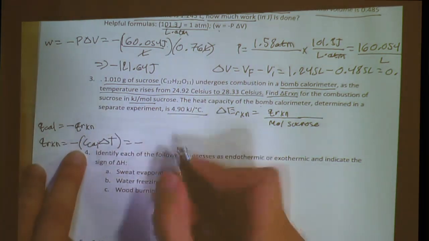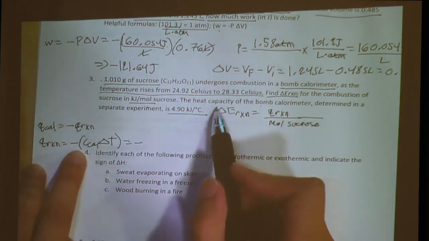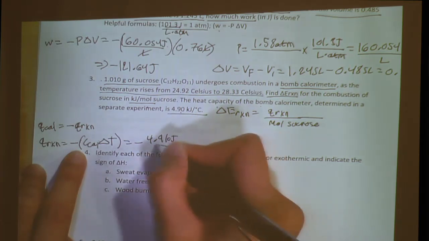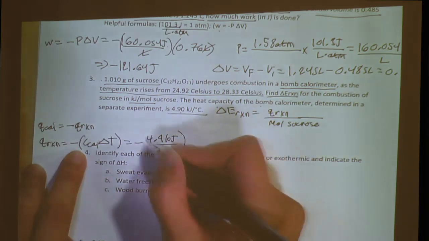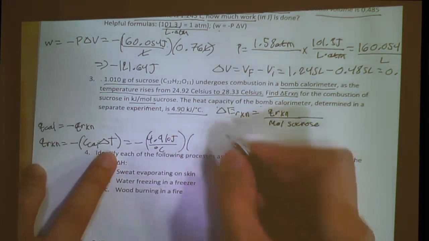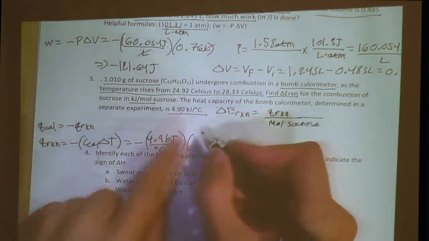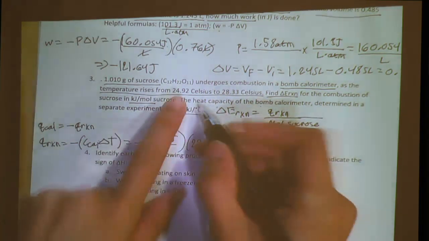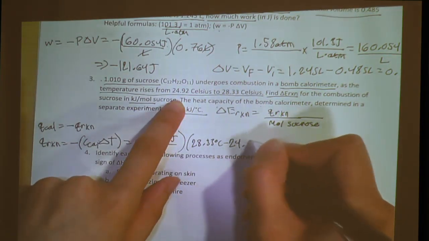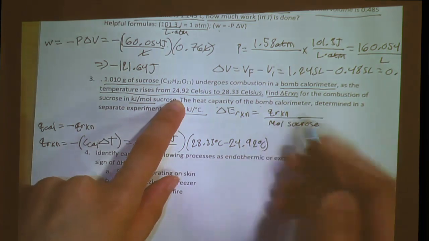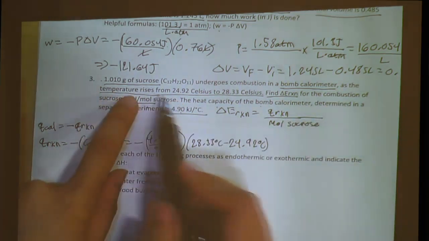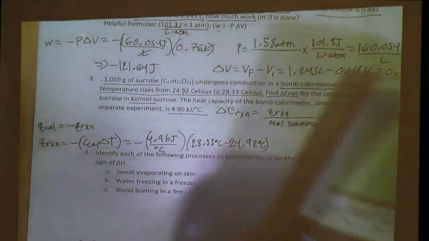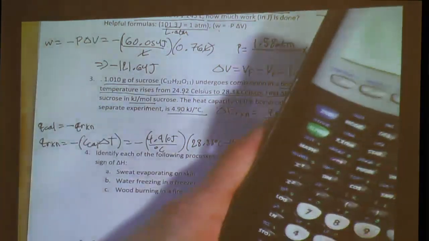So negative, they gave us that our heat capacity was 4.9 kilojoules per degree Celsius. And our change in temperature was 28.33 degrees Celsius minus 24.92 degrees Celsius, right? Because the temperature rose from this to that. So this was our final temperature. Okay, now we can calculate that.